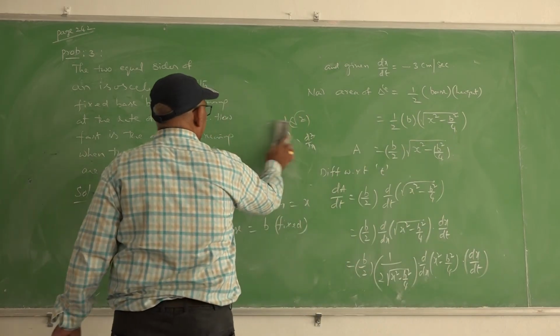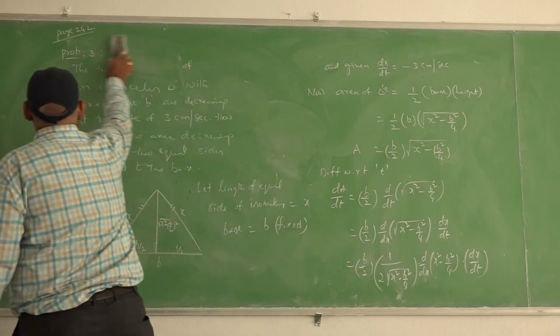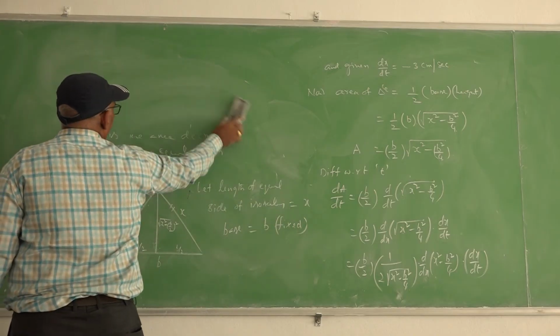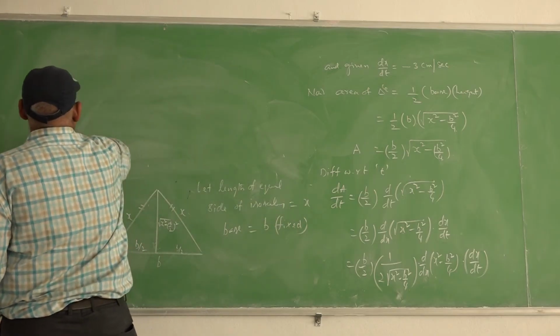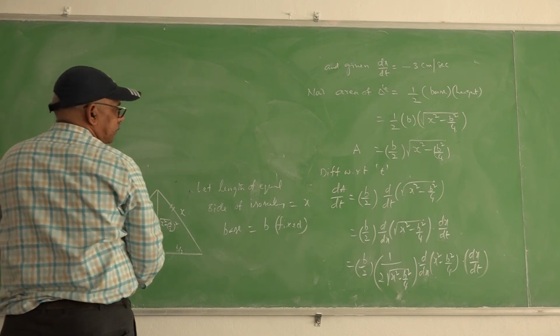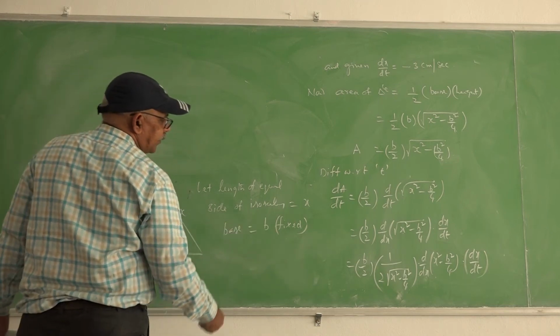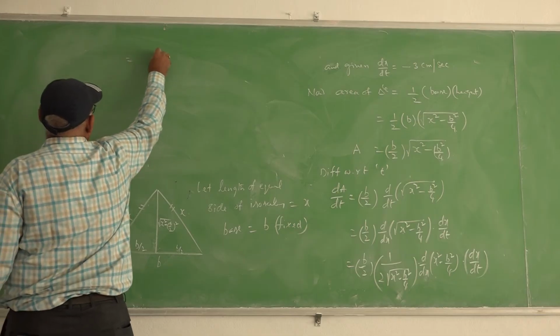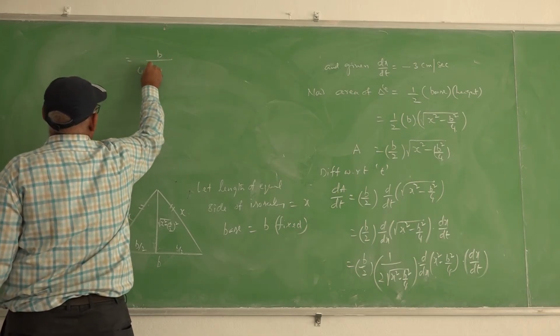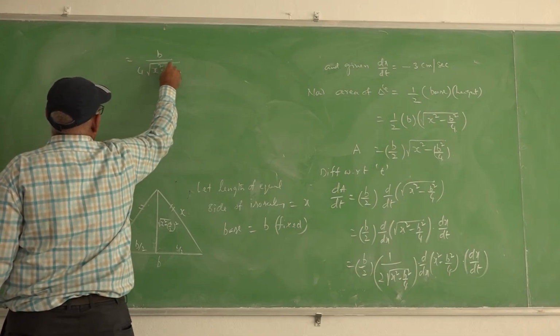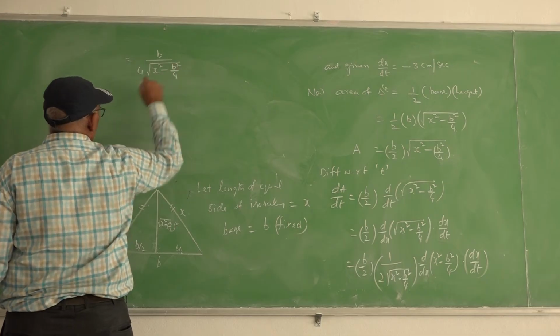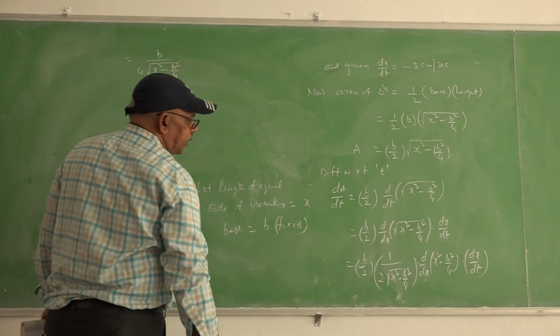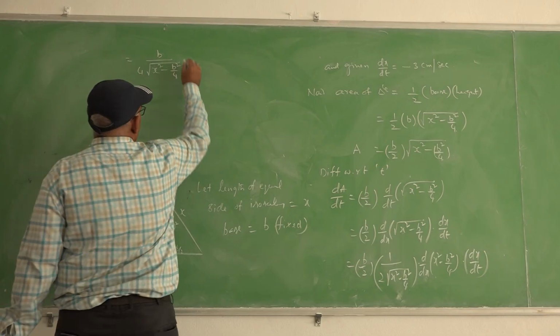Now, that is given by b by 4 into root over x square minus b square by 4, of course, into derivative of x square.